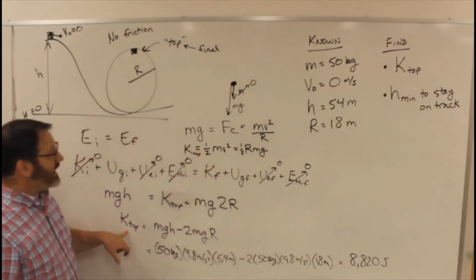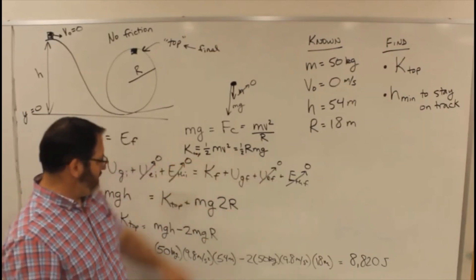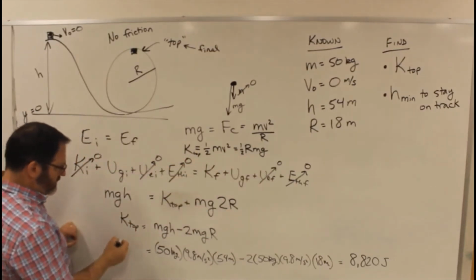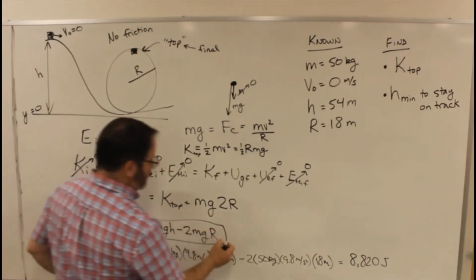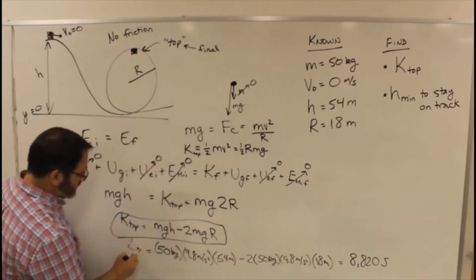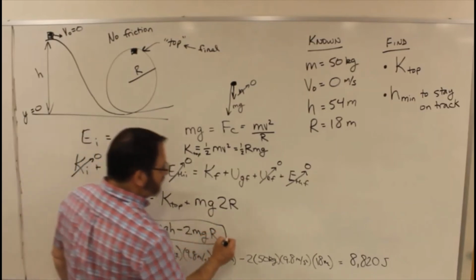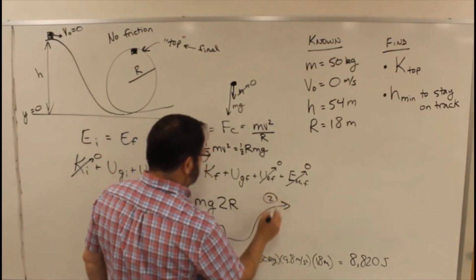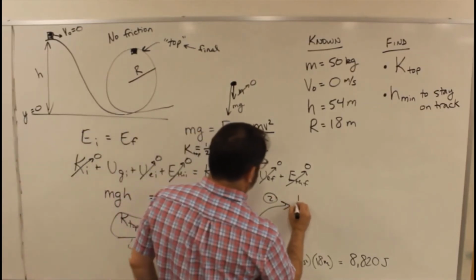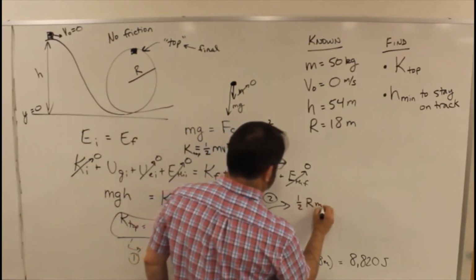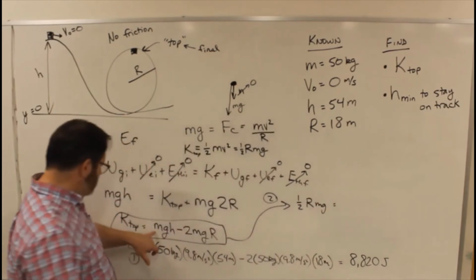So if K at the top is 1/2 r mg, we can use this same thing. So this was for the first problem. For the second problem, K at the top has to be at least 1/2 r mg.